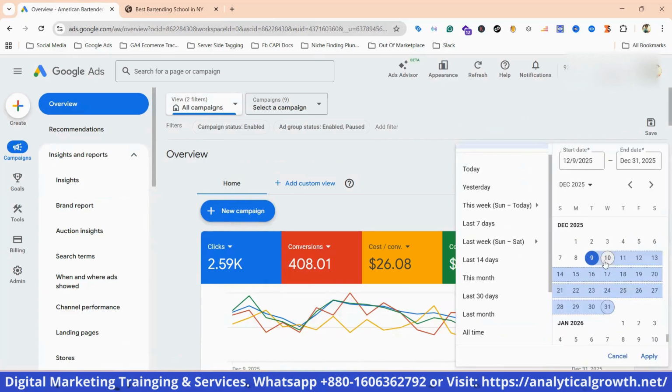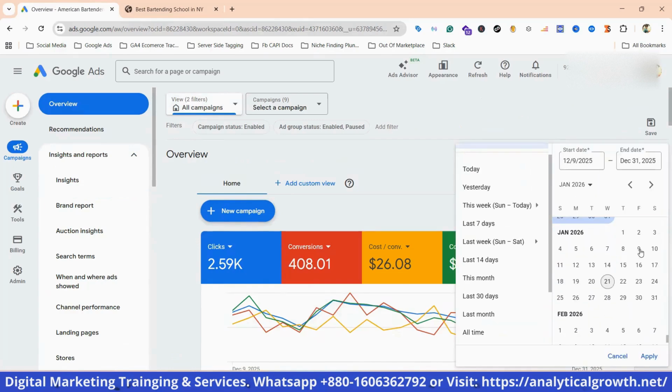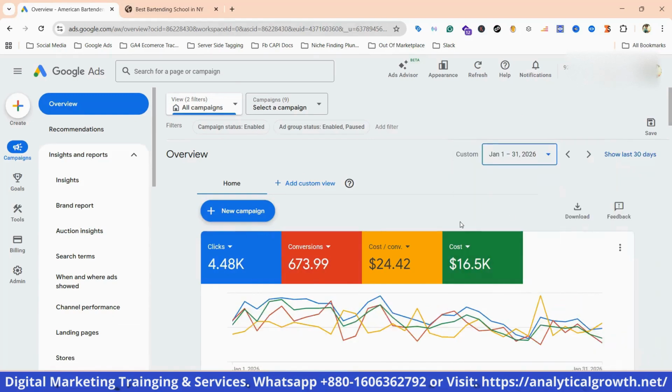Okay, so let's go to month two, which was actually January. So the cost per conversion for the first month was $26.08. Okay, then let's sort it by the month of January.